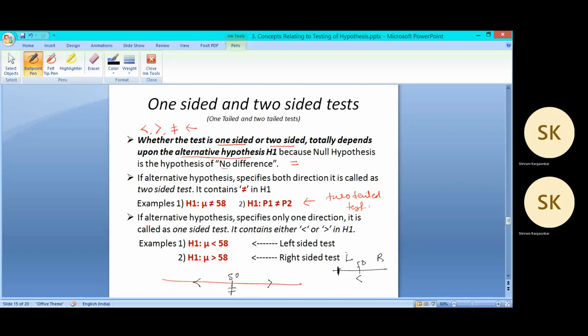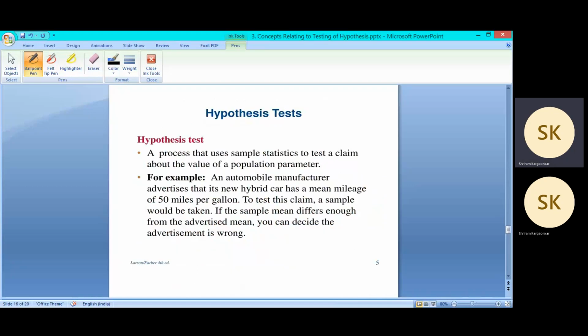And suppose you say that it is greater than 50, so it specifies the right side. Okay, so that's why if less than is there in the alternative hypothesis, it is a left tail test, and if greater than symbol is there, it is a right tail test. I hope you understand it properly. Let's move on next. So hypothesis tests.